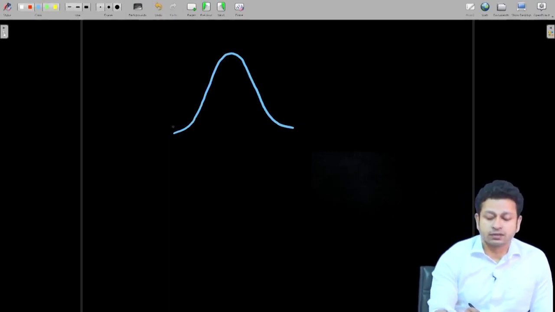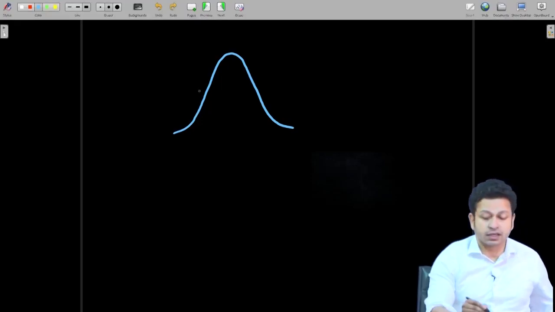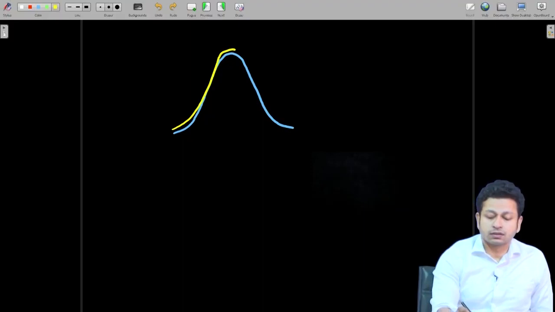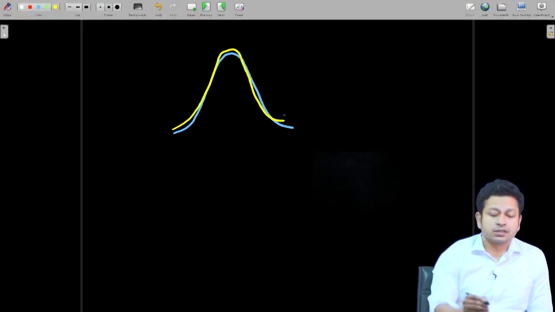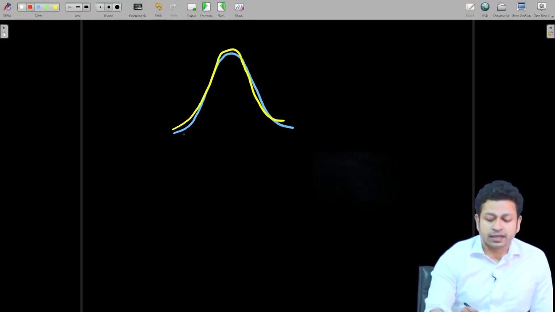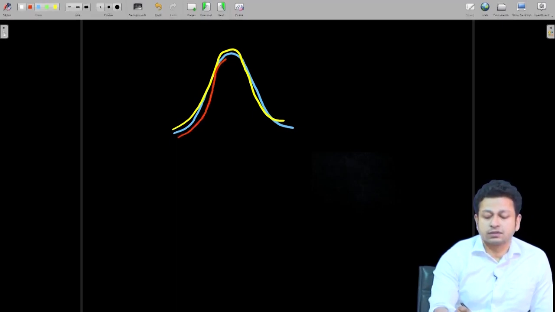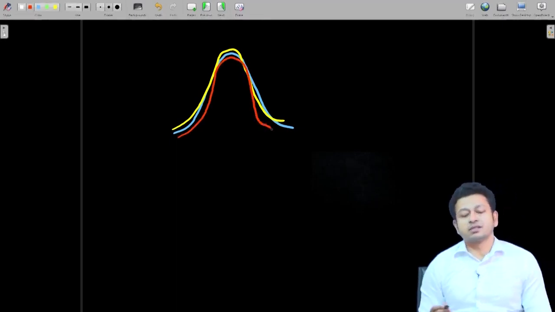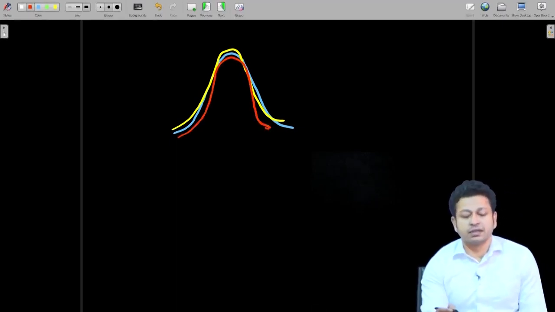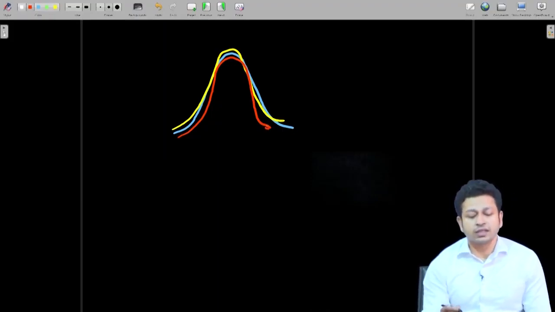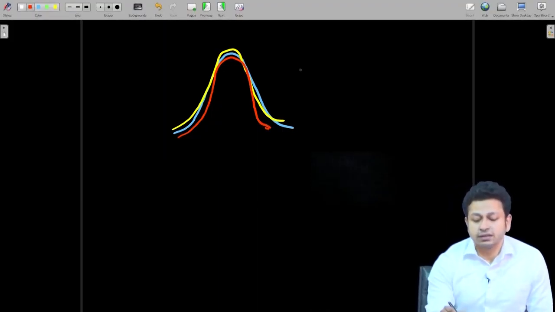So many different curves you may have. It all depends on the number of degrees of freedom, and we will see how these distributions vary with different degrees of freedom.